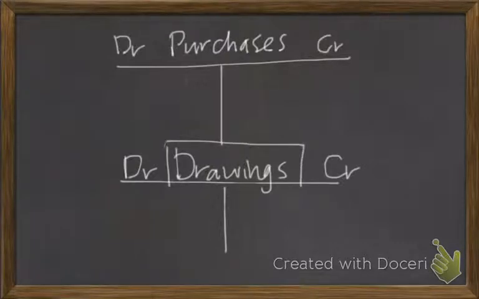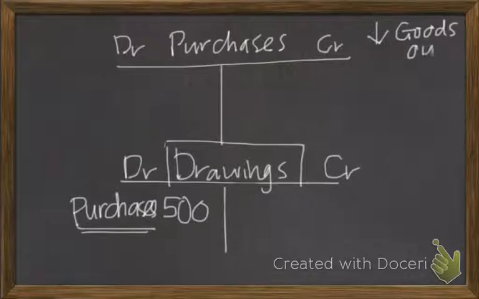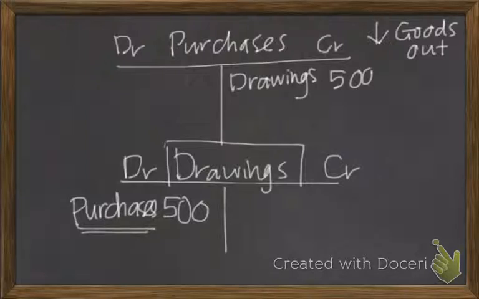The owner takes goods out from the business, so the drawings account we debit by 500. And we take the goods out from the business, so it involves the purchases account. Now our purchases account reduces, which means we take goods out from the business. So purchases reduce by 500 from the drawings made by the owner.